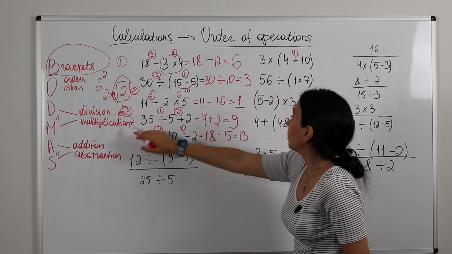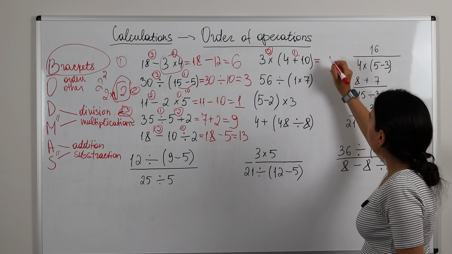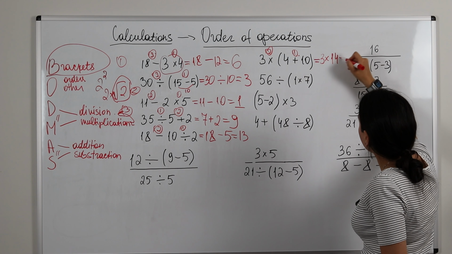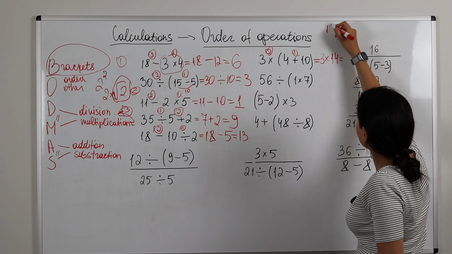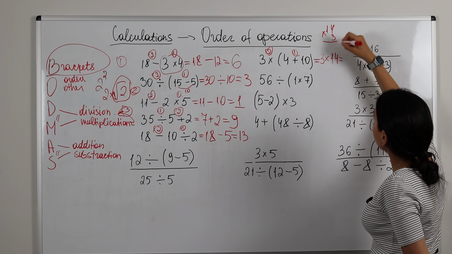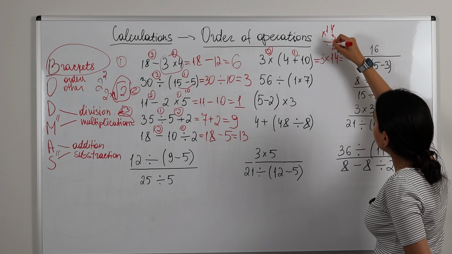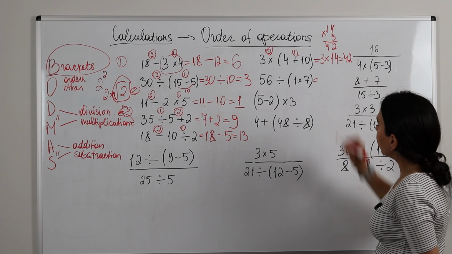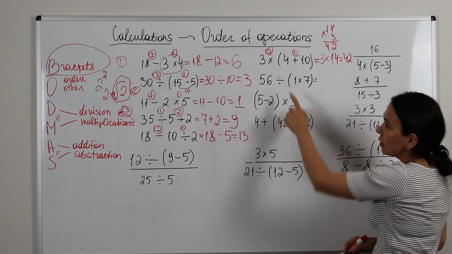And then we have the multiplication, which comes second. 4 plus 10 equals 14. 3 multiplied by 14 equals 42. Let's calculate: 3 multiplied by 4 is 12, 3 multiplied by 1 is 3, plus 1 is 4. So 42.